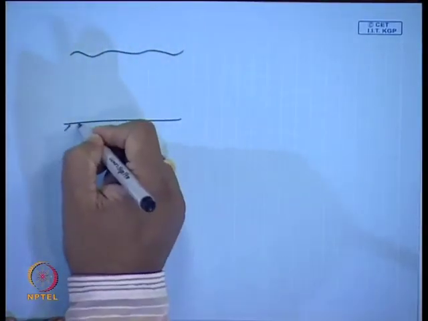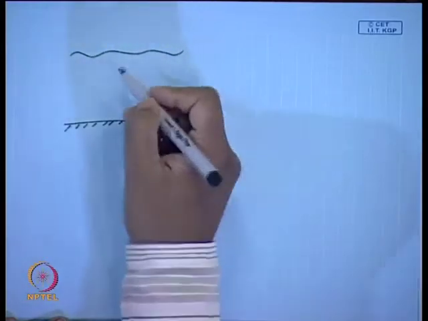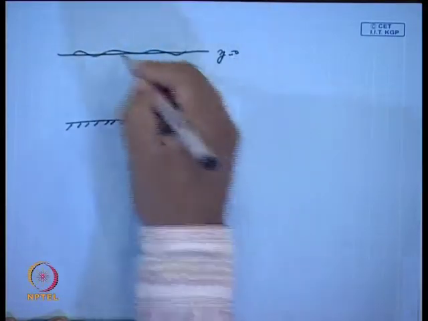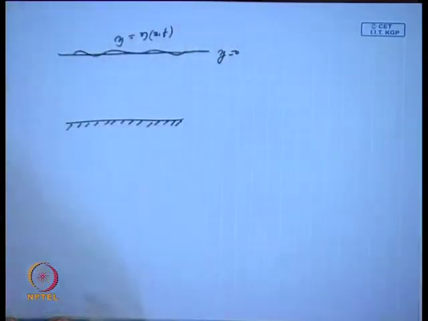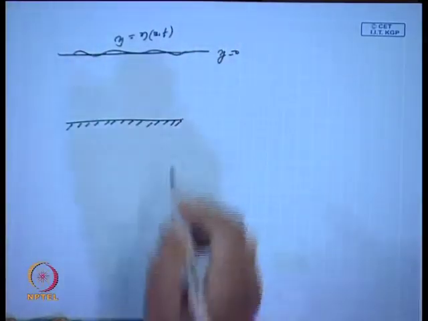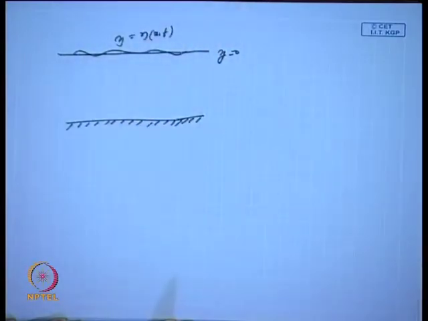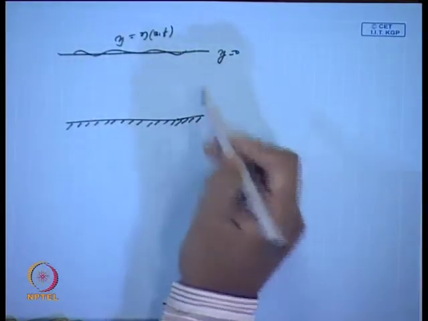Let me think of finite water depth, and this is my mean free surface, y equals 0, and this is y equals eta(x,t). I consider a 2-dimensional fluid domain, so my wave profile is 1-dimensional in nature. Eta is a function of x and t, and this is my surface elevation.